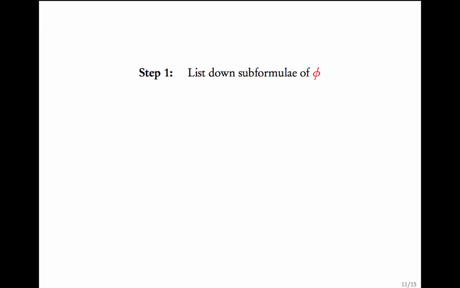List down the sub-formulae of phi. You can go back to the slide with the expansions and you can see that the first step in the expansions was to list down the sub-formulae. In the case of P1 until P2, you had P1, P2, P1 until P2 as the sub-formulae, and this gave rise to many states. Here in principle there could be 8 states. For XP1 until P2 there could be in principle 16 states.